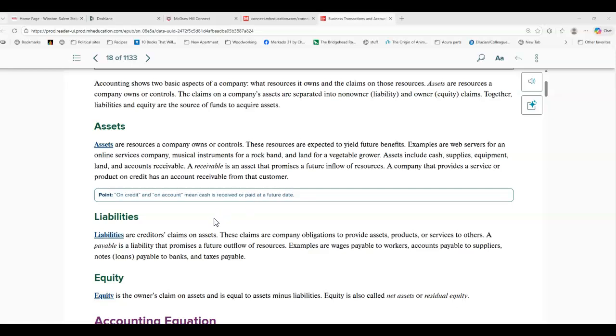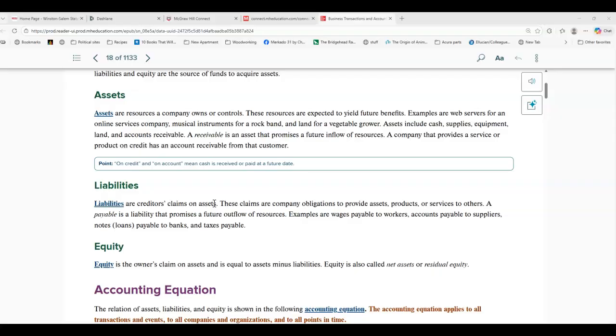Liabilities are claims on assets by creditors, people we've borrowed money from. And these are obligations we have to provide assets. A receivable is an obligation somebody else has to provide assets to us, pay cash basically. Other people have claims on our assets, and we have to provide assets to them.